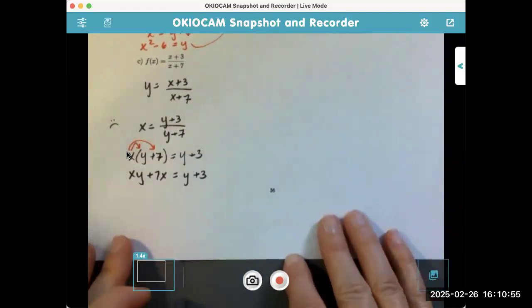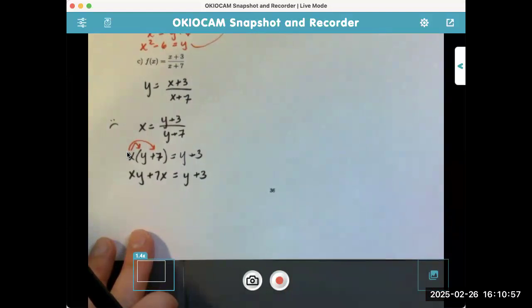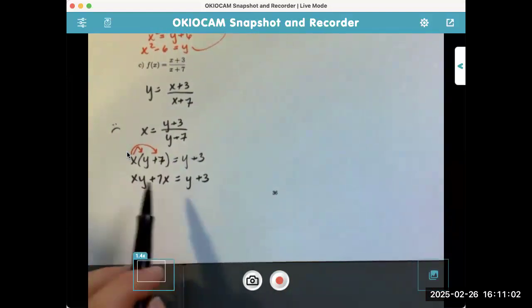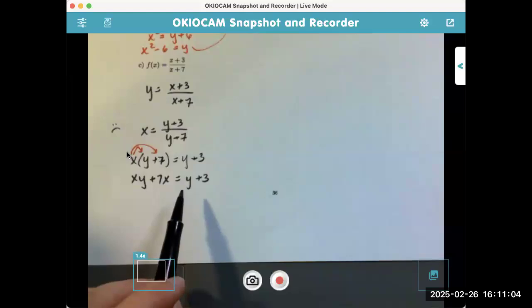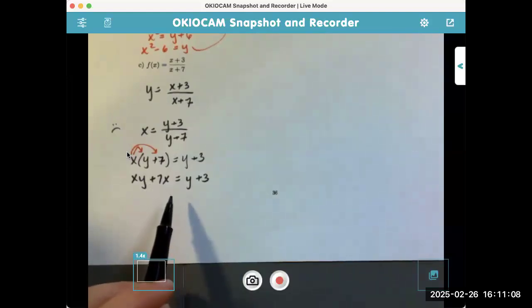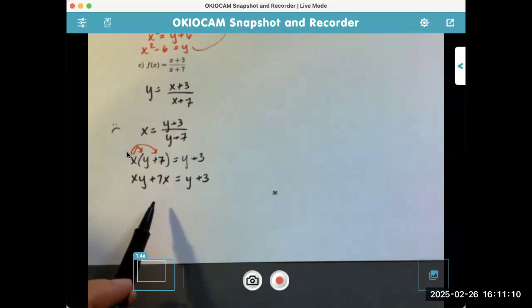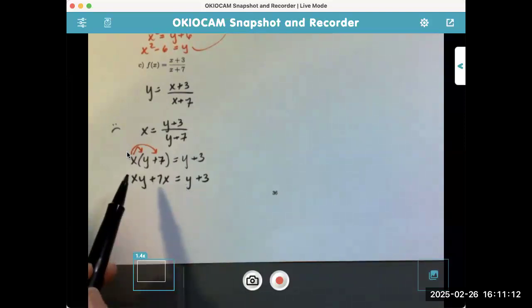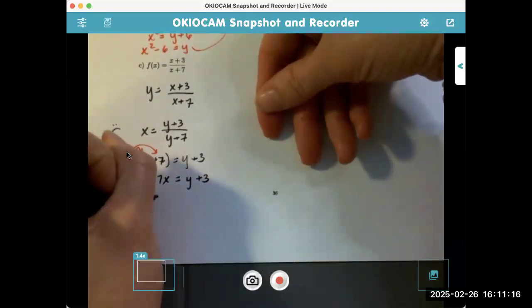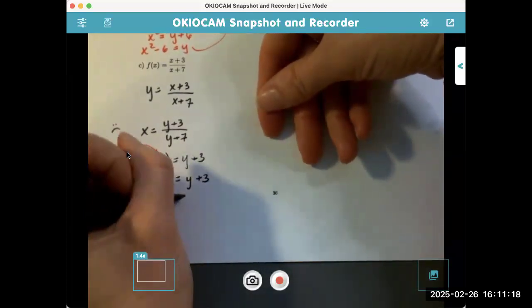So that's working in our favor, but we still have 2 stinking y's. But what can we do that at least moves us in the right direction? Well, moving us in the right direction would at least be getting the y's on the same side.